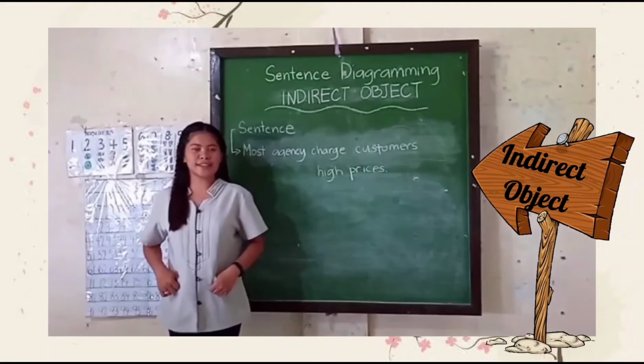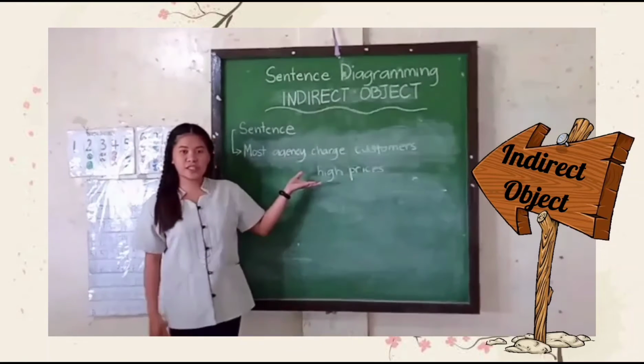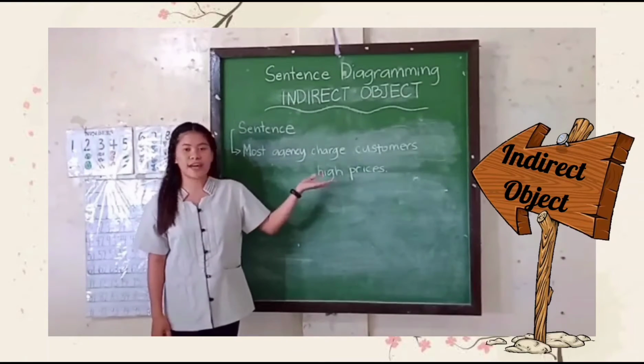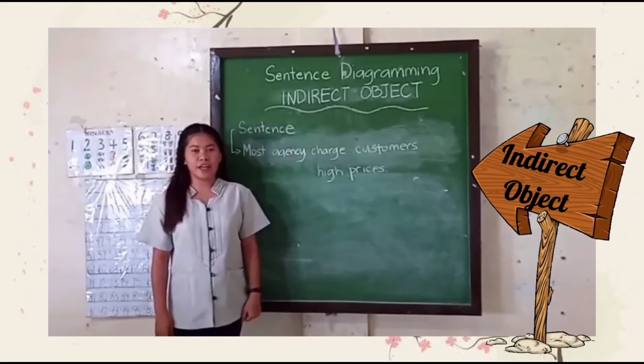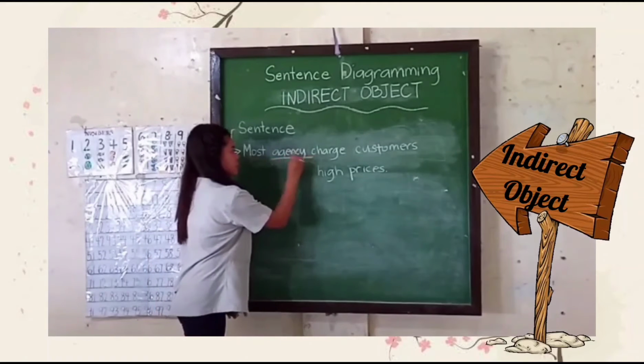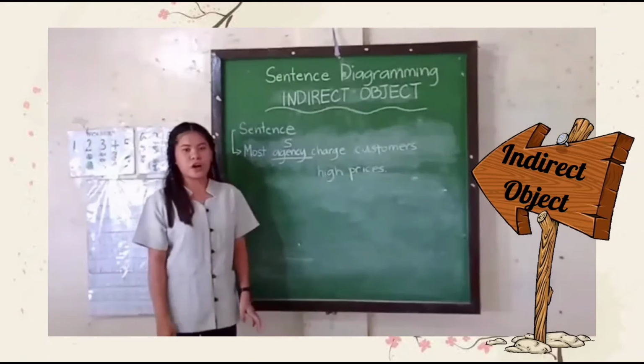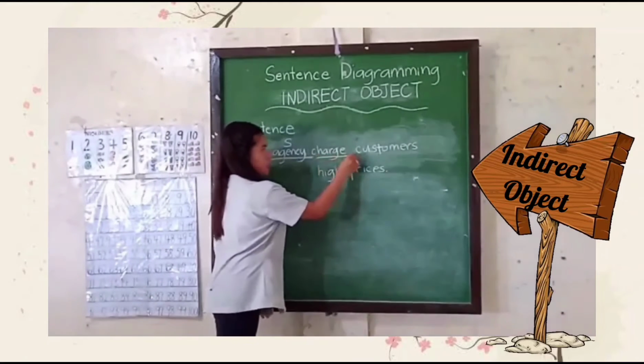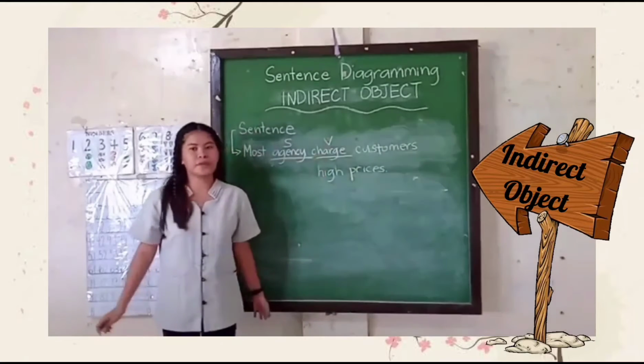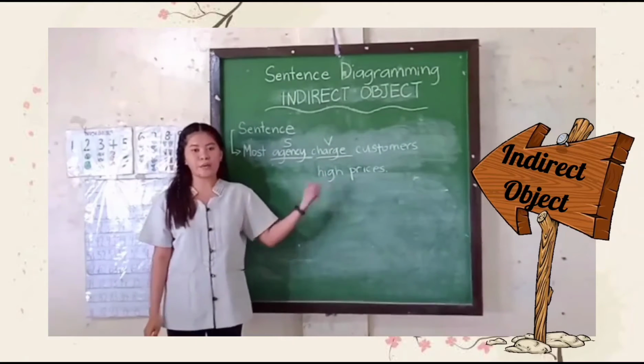Example sentence is, most agencies charge customers high prices. The agency is our subject and charge is our verb. They are charging high prices.